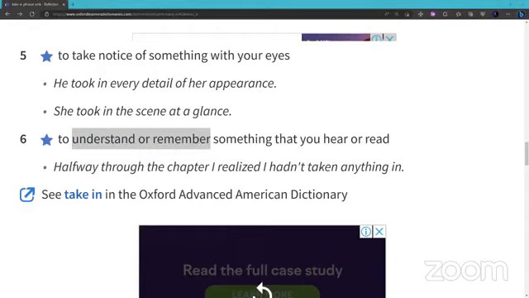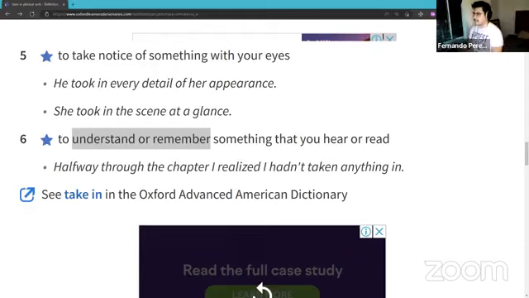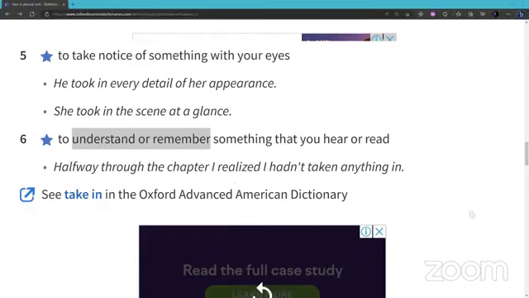Okay. Halfway through the chapter, I remembered. No, wait. Why are you changing realized? I realized I hadn't understand anything.